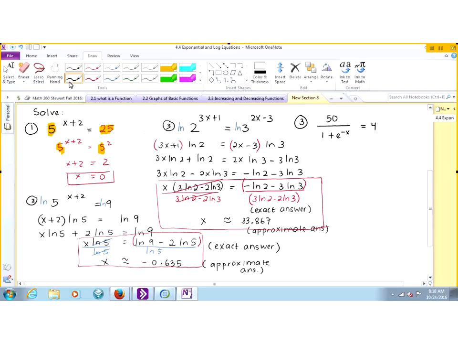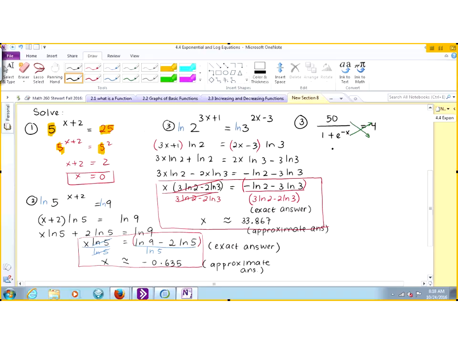What do you think we will do at number 3? I need to do something so that I could isolate my exponent, the variable. Yes, we're going to cross multiply, or multiply both sides by 1 plus e to the negative x.